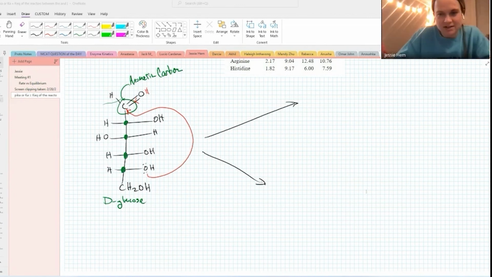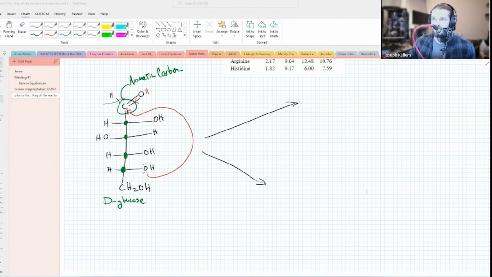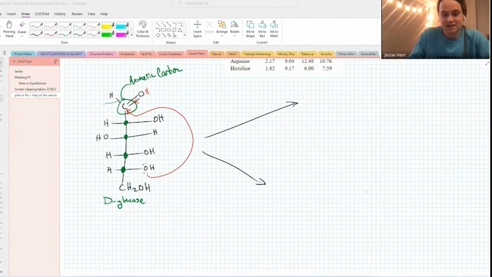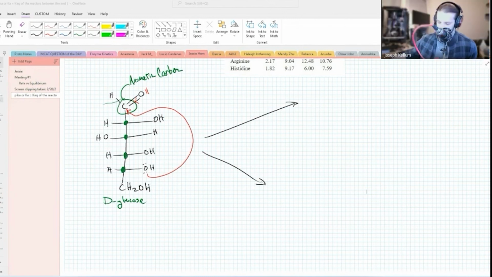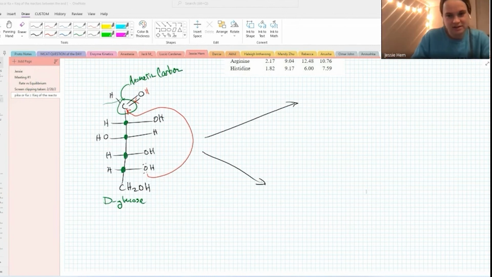You could have alpha or beta D-glucose, determined by whether it's R or S around the anomeric carbon. And then D versus L, R versus S. Then you could also have L-glucose, and then alpha or beta depending on the orientation.